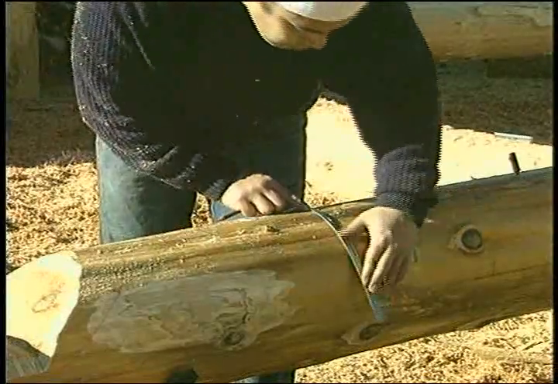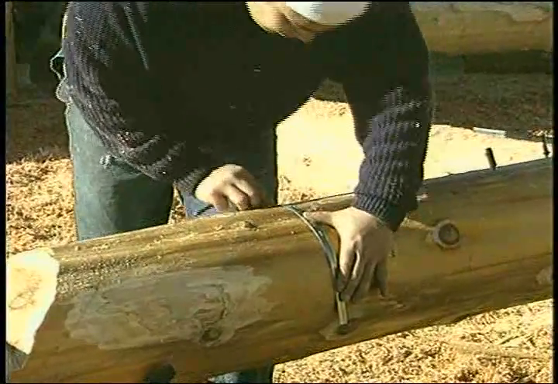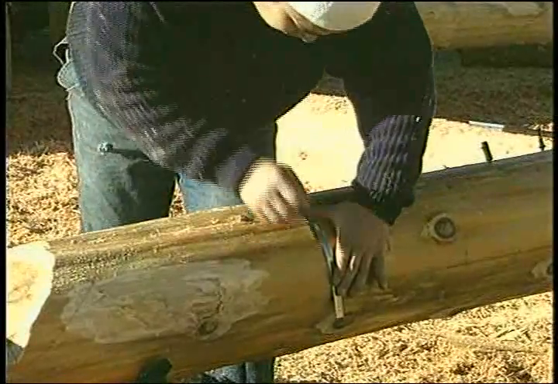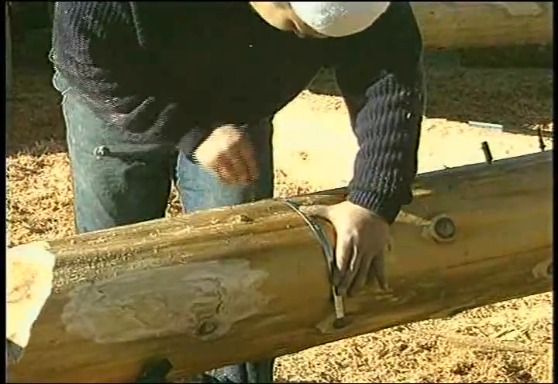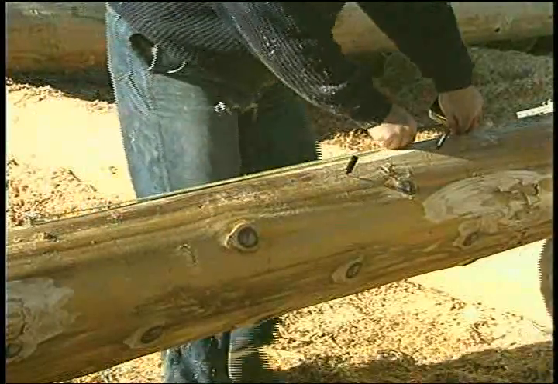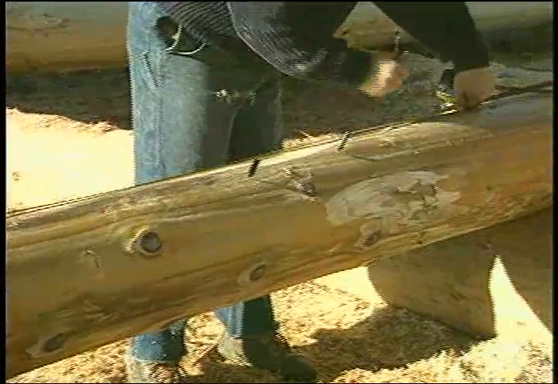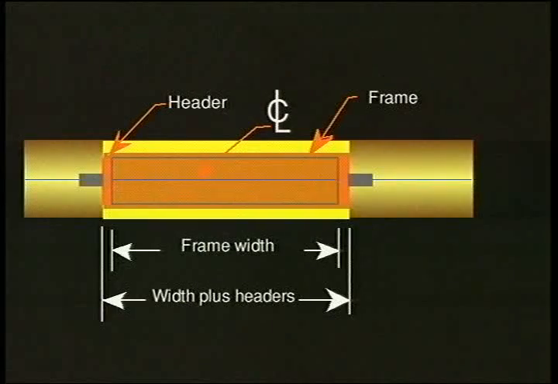Draw the line by bending the square or steel straightedge around the log and joining up your three marks. You can measure in the width of the window to the other end from each of these three marks, or it may be a good idea to check the cut line location with the squares in order to avoid any possibility of making a mistake.